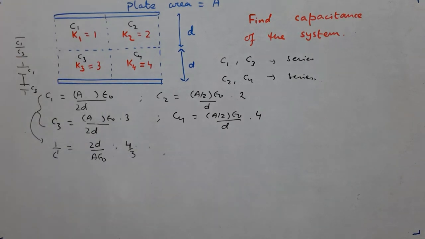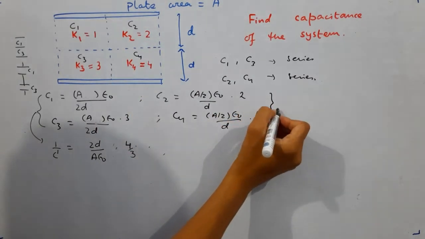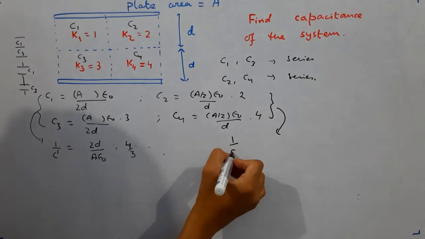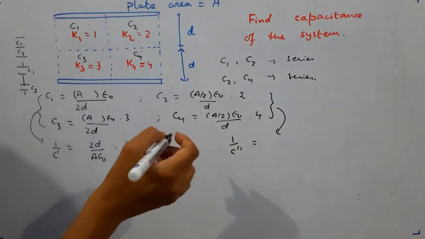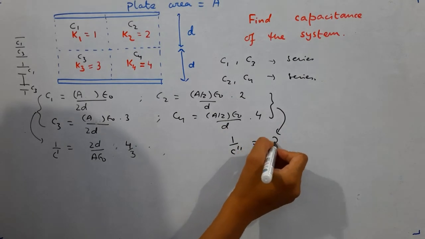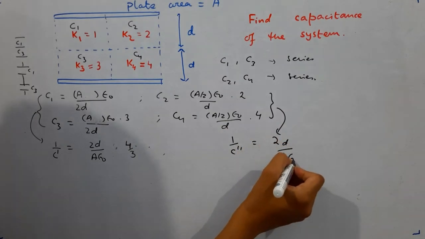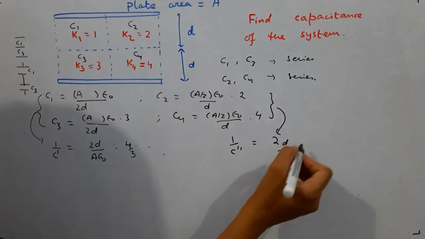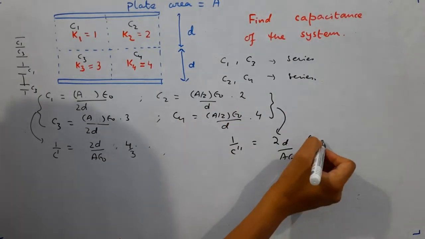Likewise, C2 and C4, they are also in series. So their equivalent capacitance I'll take as 1 by C double dash is reciprocal of this plus reciprocal of this. So 2d upon A epsilon naught, likewise that will be common. And what will be left behind? 1 by 2 plus 1 by 4.